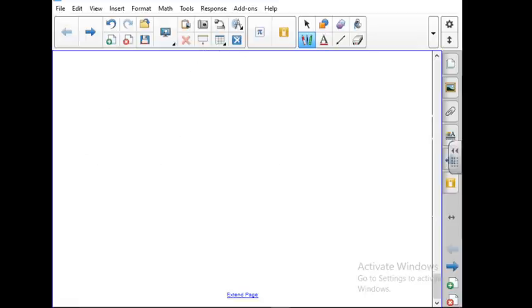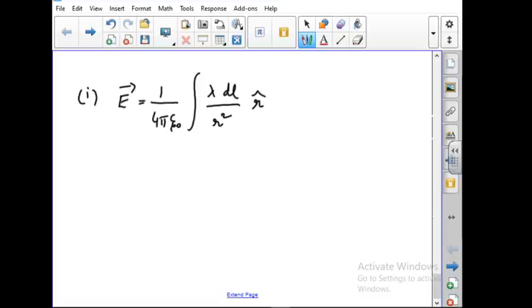So we are taking three different cases. One is for a long wire, the next one is for a charged sheet, and the third one is for a volume in which the charges are uniformly distributed. In the case of a wire, the electric field is equal to 1 by 4 pi epsilon naught integral lambda dl by r squared into r cap.